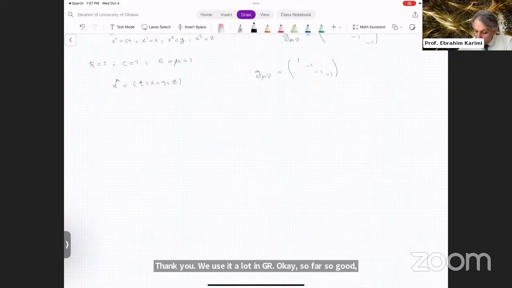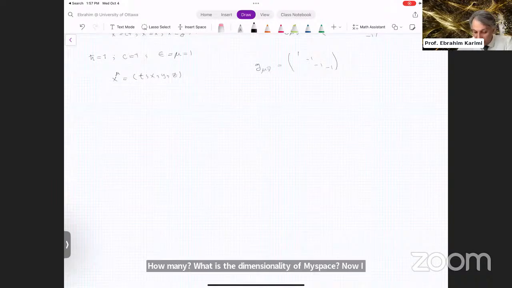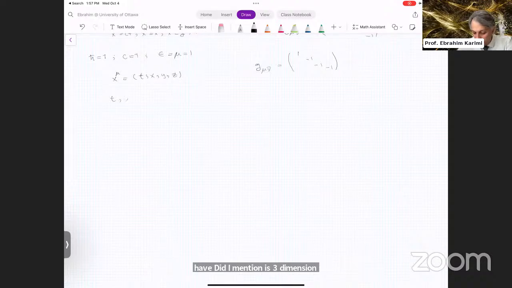Now remember, what is the dimensionality of my space? The dimension is 4. One is the coordinate t, one is x, one is y, and one is z.